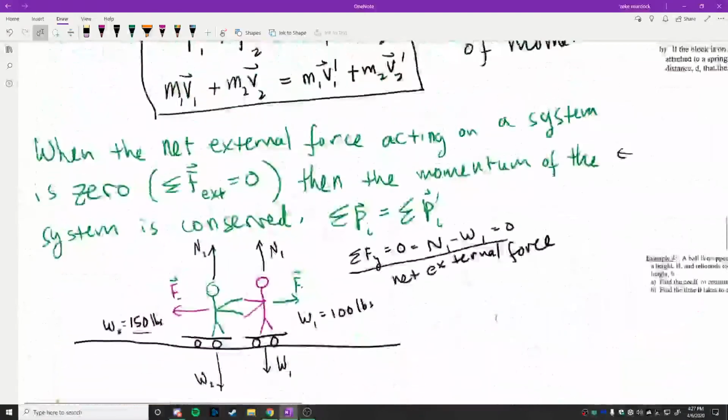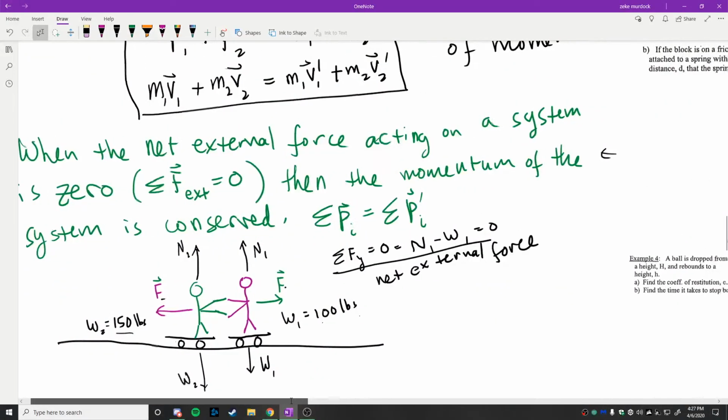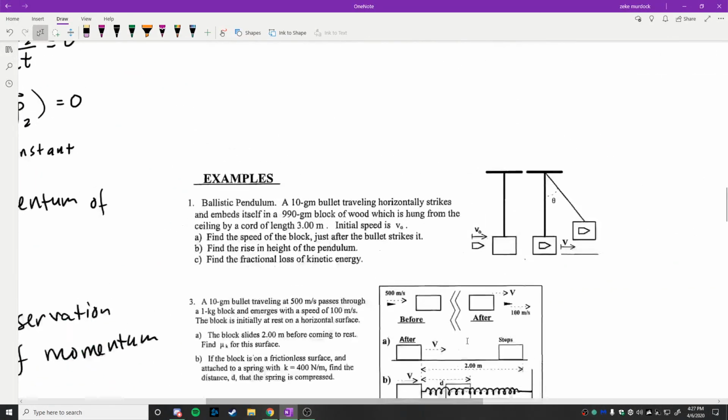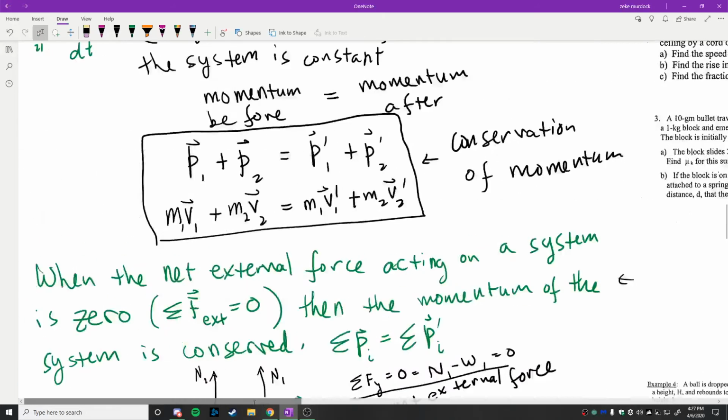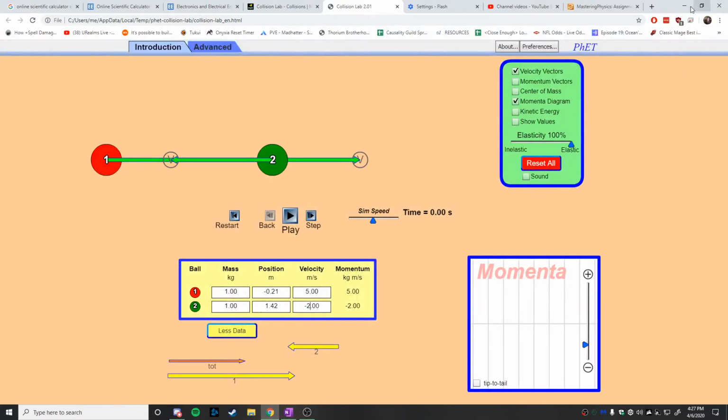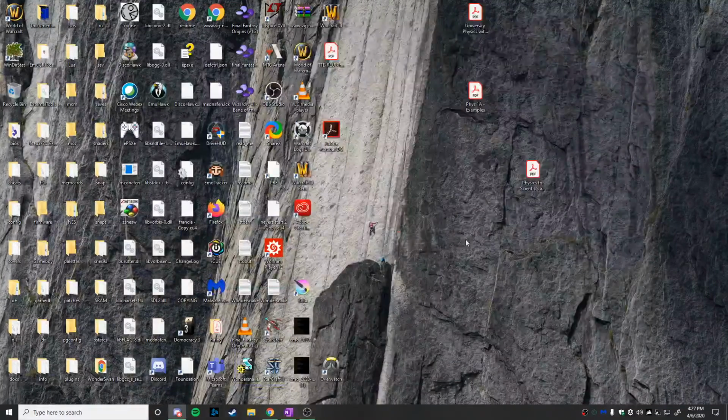Okay. So I don't think the example I want to use for elastic collisions, I don't think I copied it onto here, so I may need to actually grab that real quick. So it's this one.